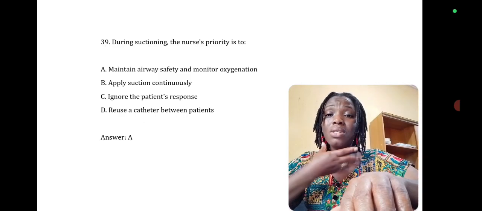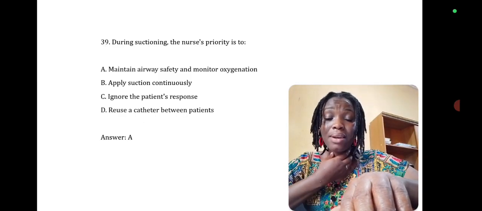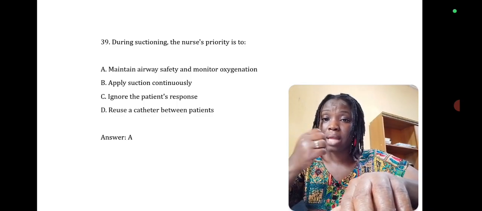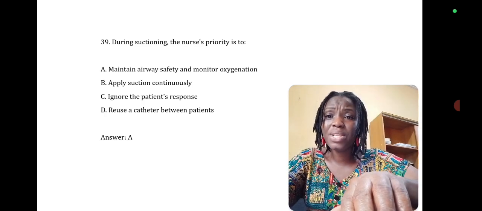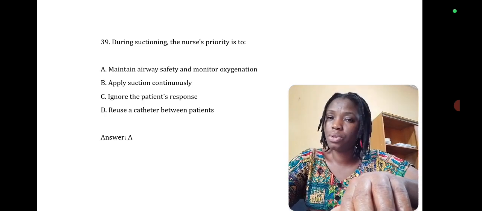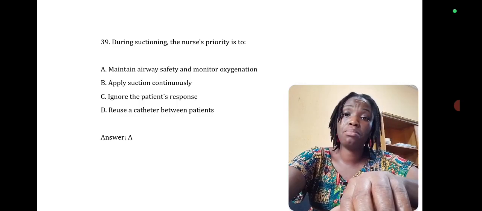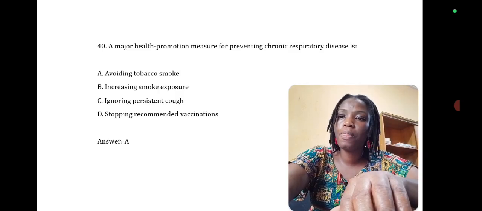So the mucus or sputum will be trapped in the pharynx or larynx. When you suction it, you make the way patent, which increases airflow and oxygenation of the patient. So suctioning helps to maintain airway patency and increase oxygenation. So your answer is A.